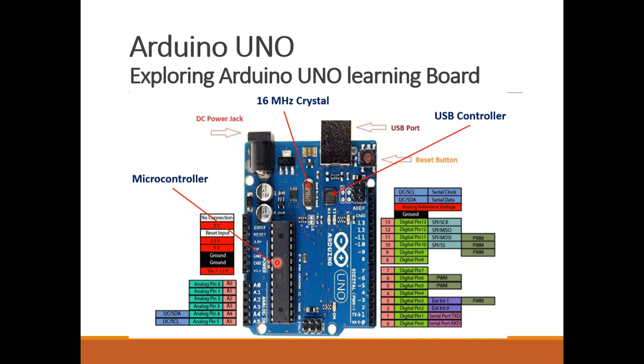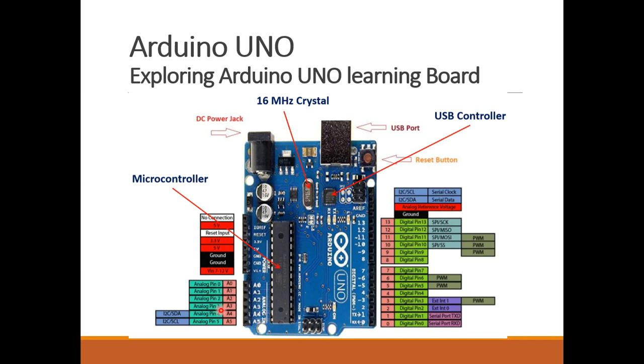This is your microcontroller ATmega, which mainly takes on the task of controlling all the pins, all the devices, and all the oscillators in the connection. And this chip is used as the USB controller that controls the USB operations. If you look at the side, these are certain pins. 6 pins are there, A0 to A5.